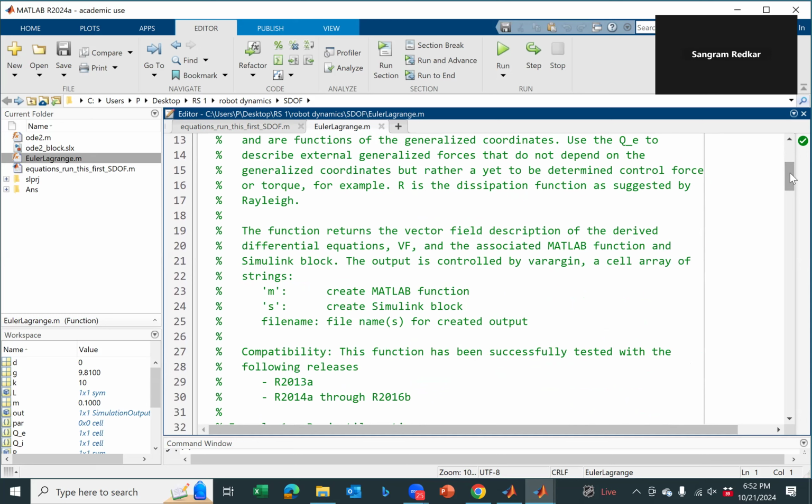It will not only create the MATLAB function, but it will also create the Simulink block that you can actually use. This is super important because if you use this as a Simulink block, then you can feed this to your actual robot visualization and you will see the robot will behave the way you want it to behave.